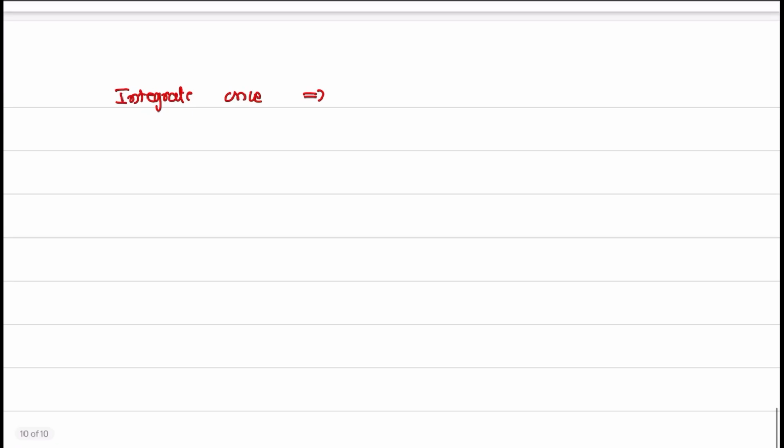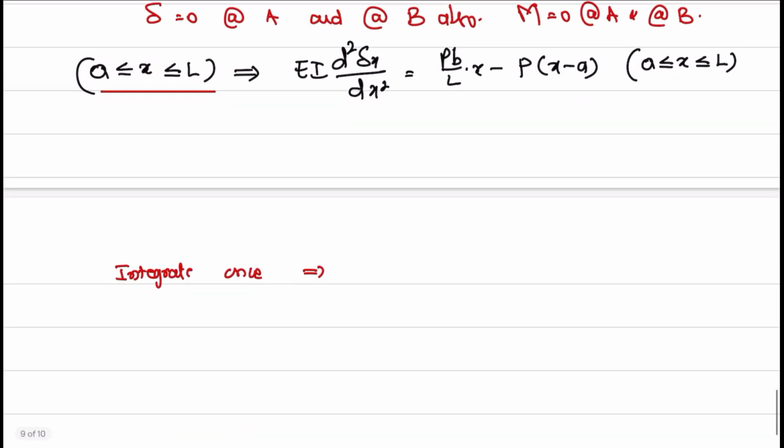Now, integrate once. This implies once we integrate, what happens?